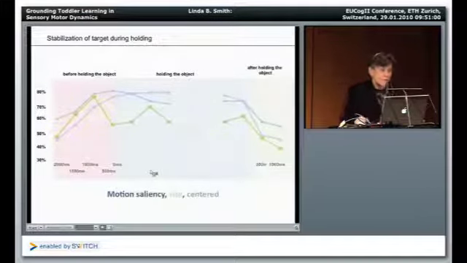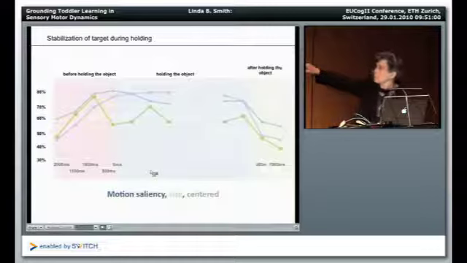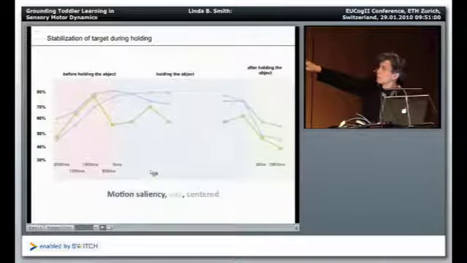And this is what I think may be the most enticing result for future work. What I'm showing here is a measure of the motion saliency, the size, and the degree to which the object is centered, okay?